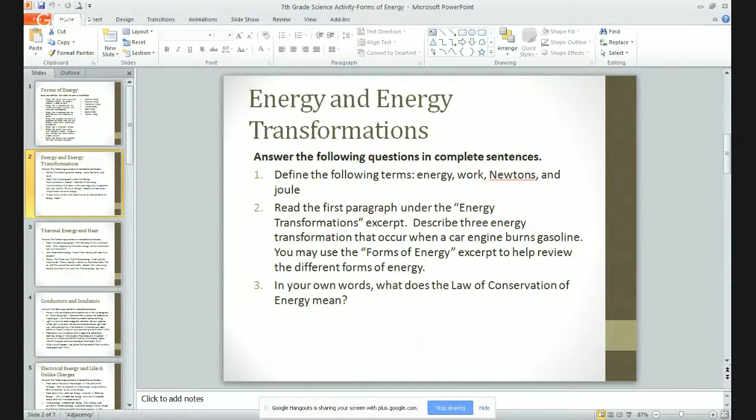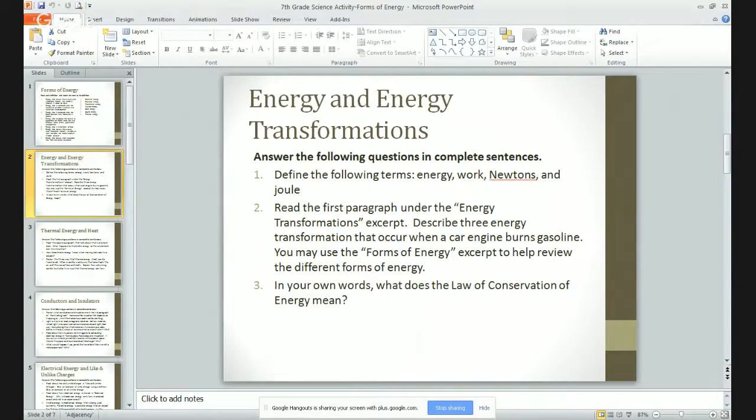Newtons, this is the unit that we use to measure force, but it also measures energy and work. And then the joule is an exact measurement of energy. We can convert these into kilocalories, which would be very similar to the calories that you see on your nutritional labels on your food, because that's basically what a calorie is: how much potential energy is stored up in this food.